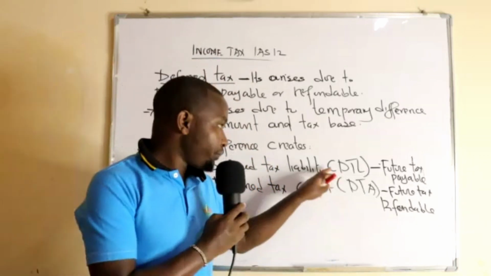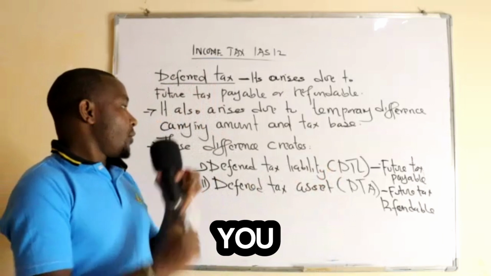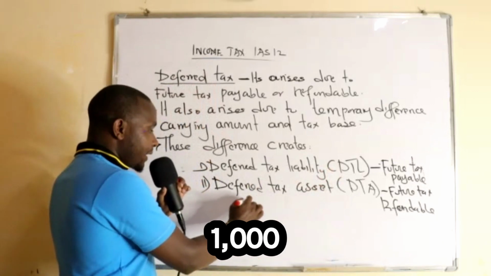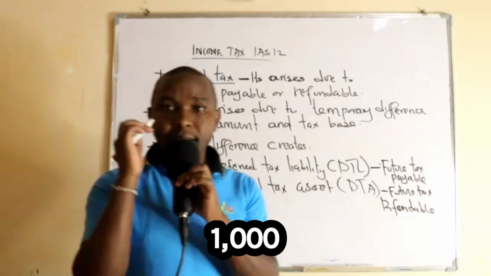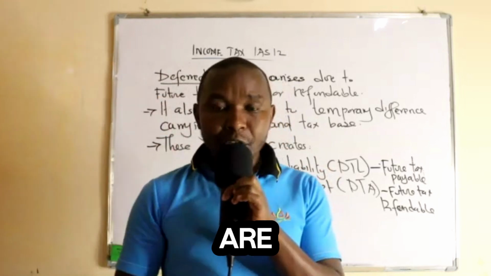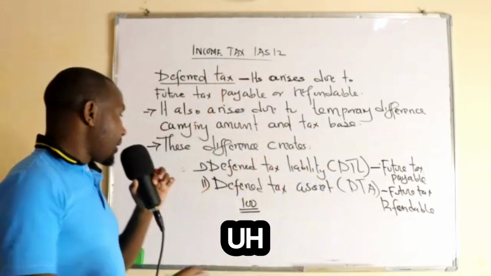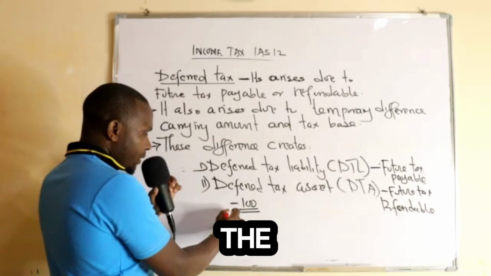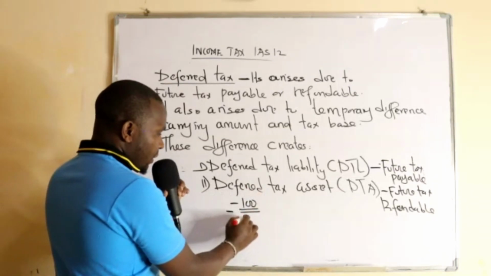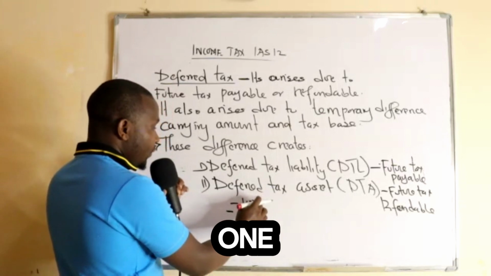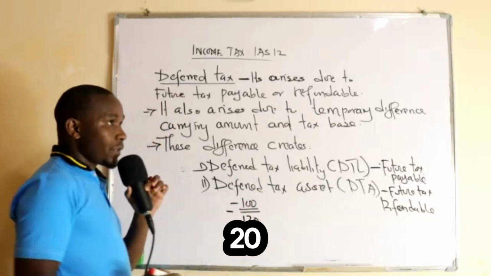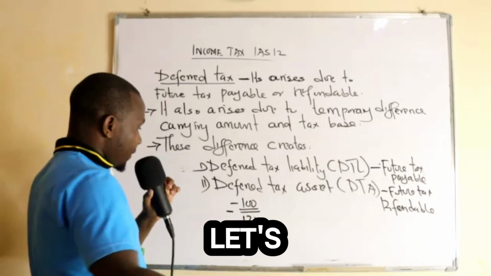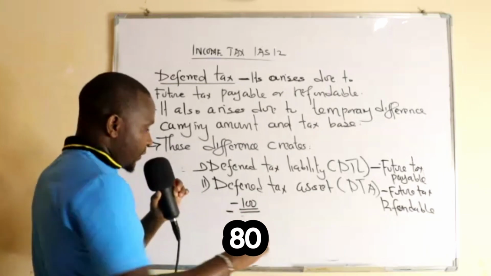So for example, you provide depreciation of 100 in your company, and then the tax authority comes and says the allowance for depreciation is 80.